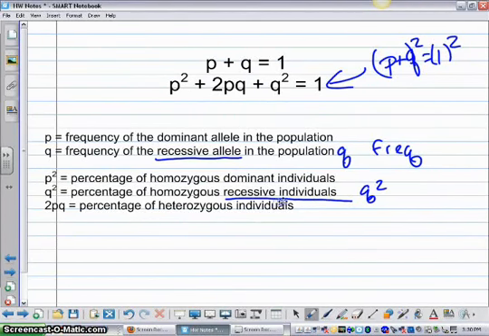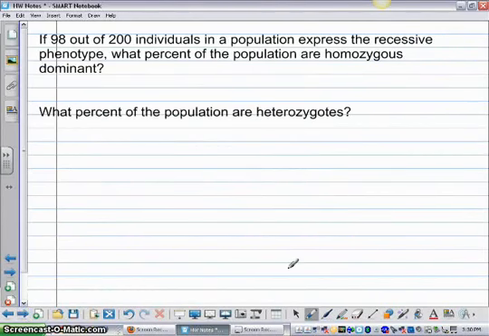So here's the deal. If they give you the frequency of an allele in a population, then they're giving you Q. If they give you the number of individuals or the percent of individuals in a population that are recessive, that's Q squared, and that's going to be important. So if 98 of 200 individuals in a population express the recessive phenotype, what percentage of the population are homozygous dominant?